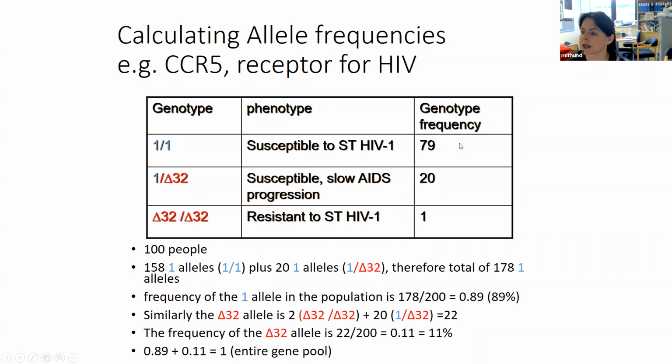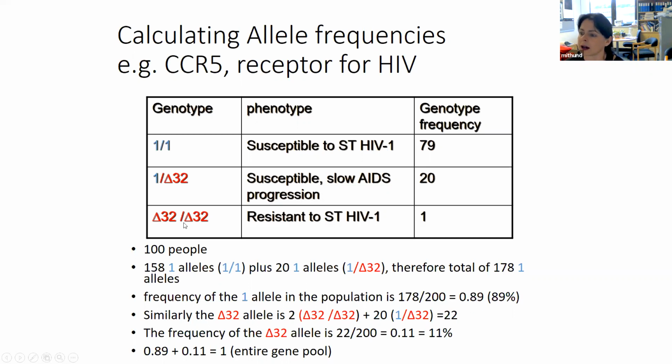Plus we have 20 alleles from the heterozygotes, who each have one 1 allele. So in this population of 100 individuals, 178 out of the possible 200 alleles are the 1 allele, which gives a frequency of 0.89. So the frequency of the 1 allele, the dominant allele, is 0.89.